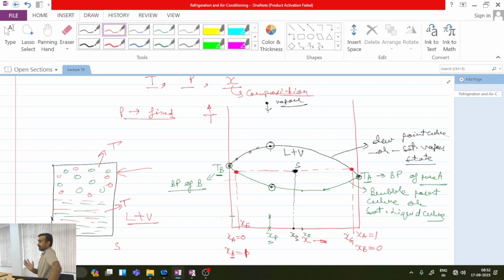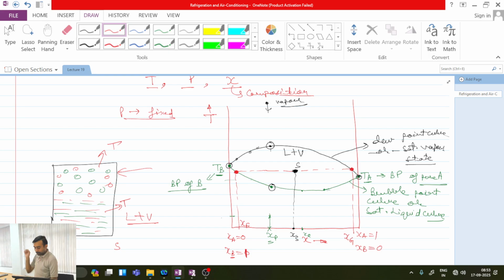During the heating process, it may so happen that initially the substance whose boiling point is less will boil. So in the liquid, the composition of that substance will be decreasing, and in the vapor phase, because more and more vapor of that substance is coming, its composition will be increasing.